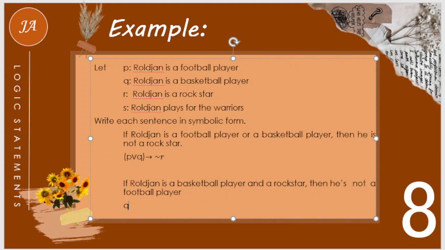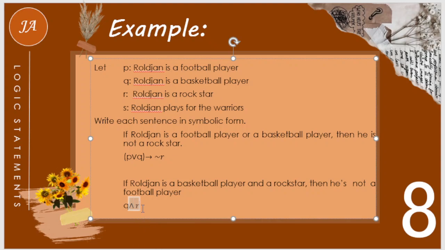So the symbolic form of and is, okay, this one. Then a rock star, we let a rock star as R. So we have here R.